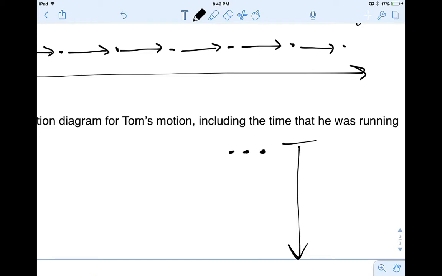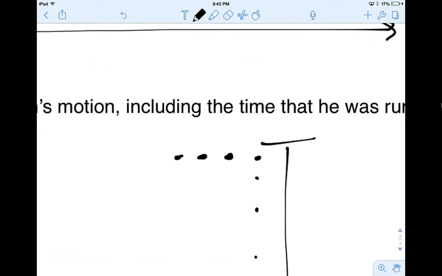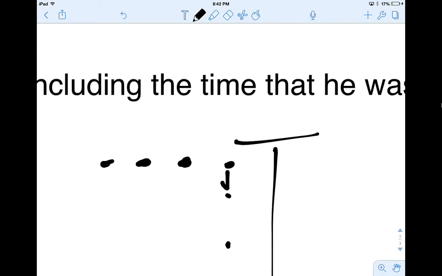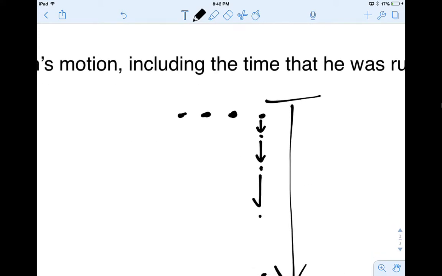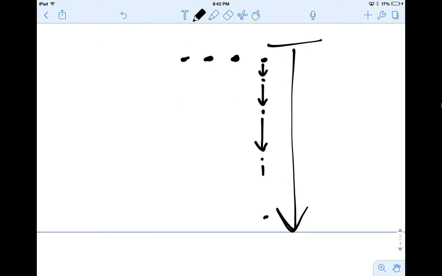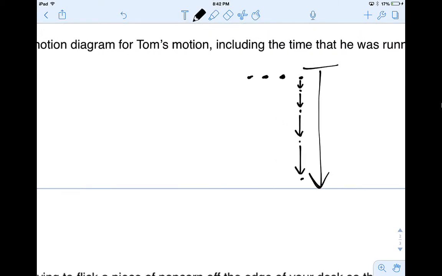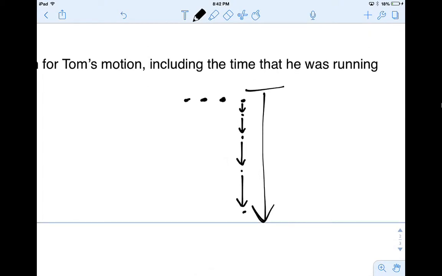So just like we used to stack dots on top of each other to show something staying in the same spot, we're going to stack dots beside each other to show them staying in the same spot. And then he starts to fall, okay? And his dots are going to get farther and farther apart. And the reason for that is that he's speeding up. So the big key here, side to side, constant velocity. Up and down, speeding up.